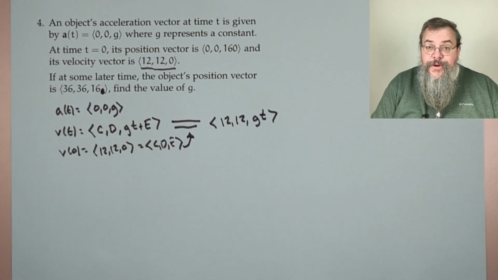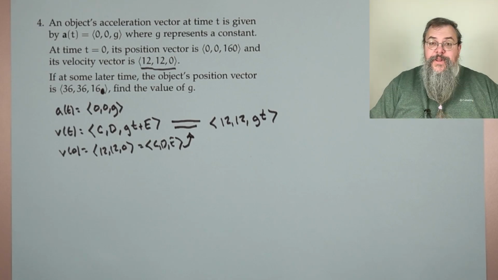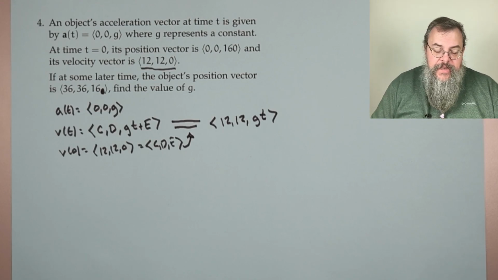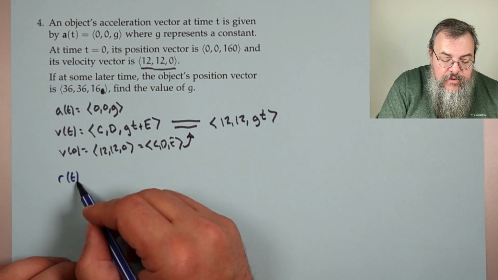Okay, so we started with acceleration, integrated once, and got velocity. We used our initial conditions to solve for the constants that came in. Well, let's do this again. The idea is so nice, we'll do it twice.